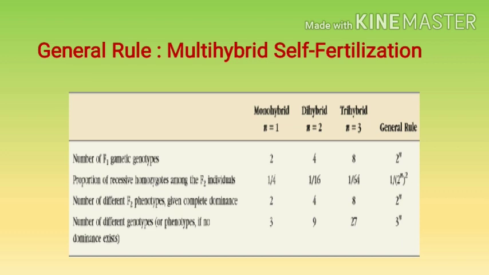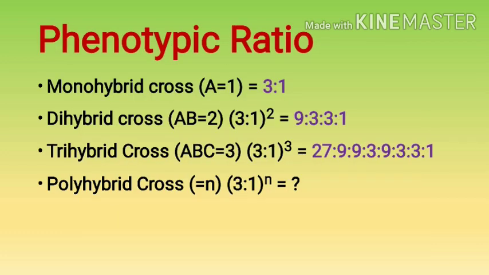So it is important to remember your monohybrid cross, because if you know the ratios of the monohybrid cross, then you can easily implement it in all the upcoming crosses, say a dihybrid, trihybrid, or a polyhybrid cross.